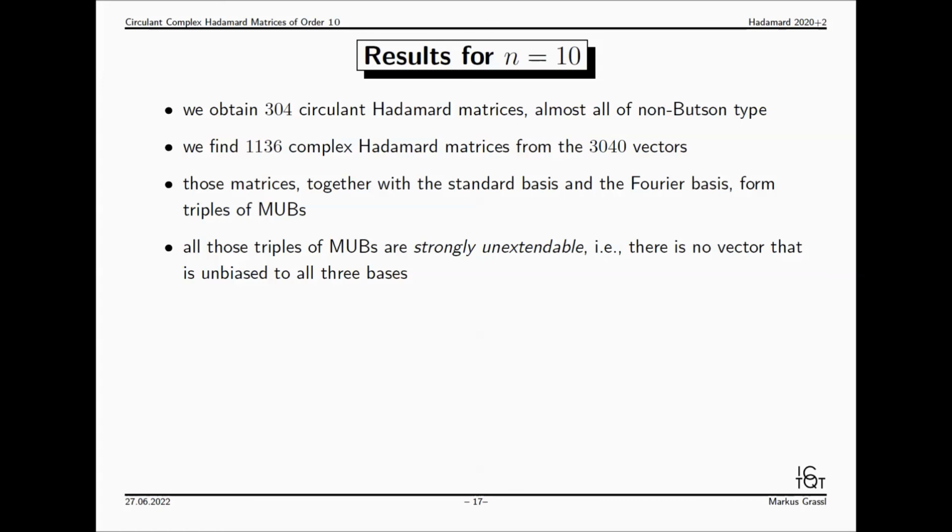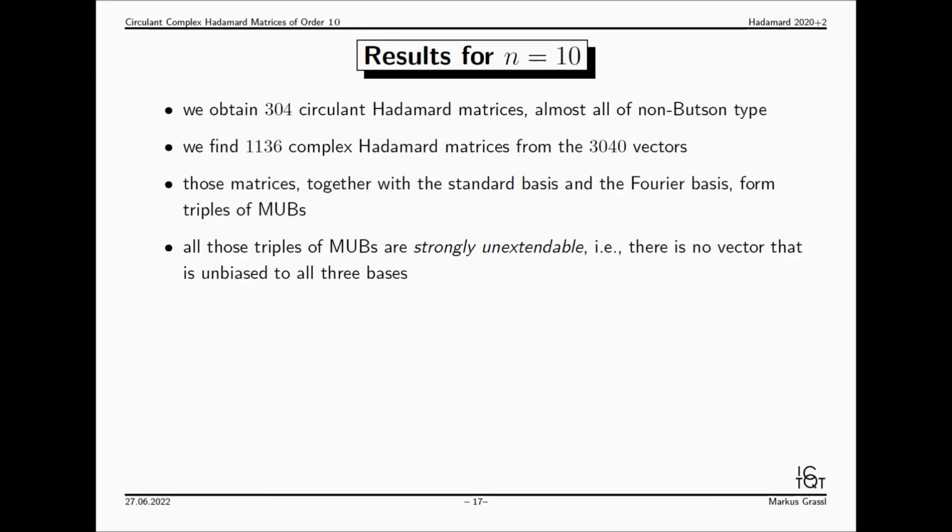But it turns out that if we were to go for a fourth basis, it clearly has to come from the set of bases we already have here from our vectors. So we can just simply test, and we find that there is not even a single vector that is unbiased to the 3 bases we are choosing.